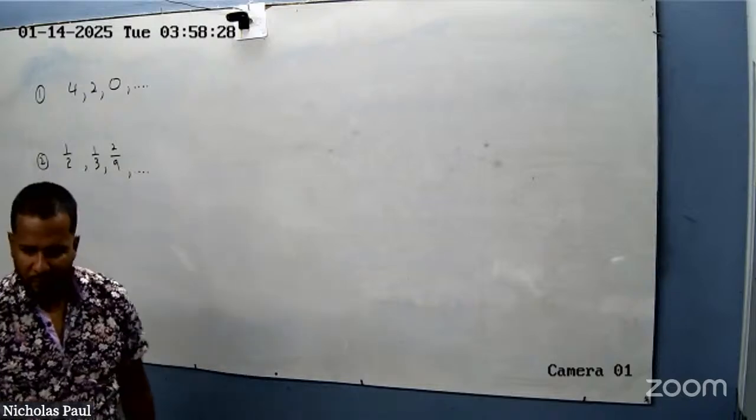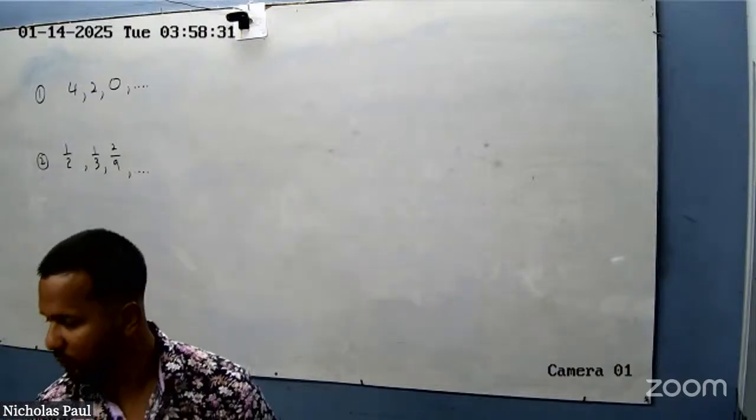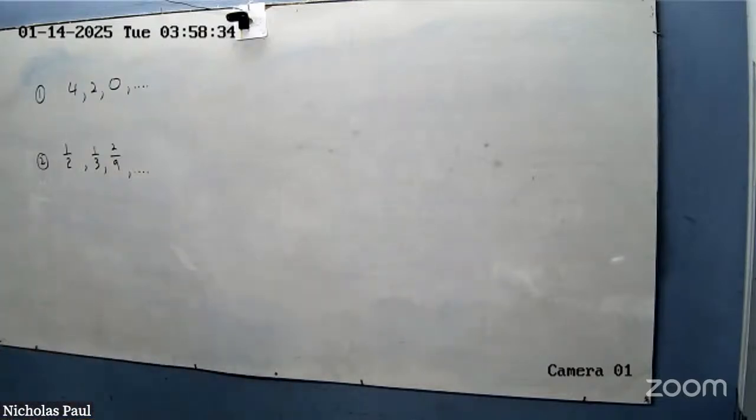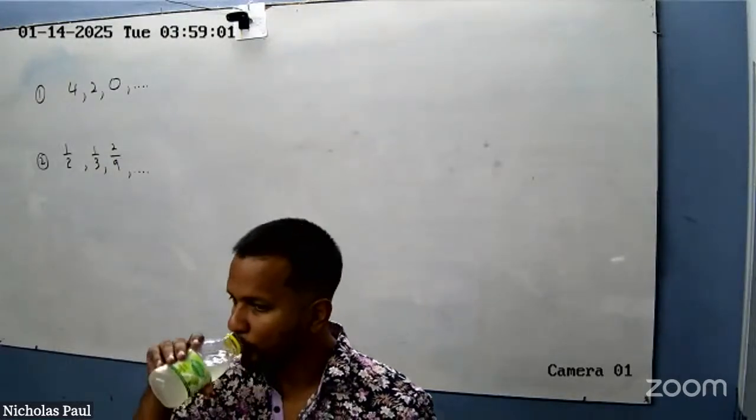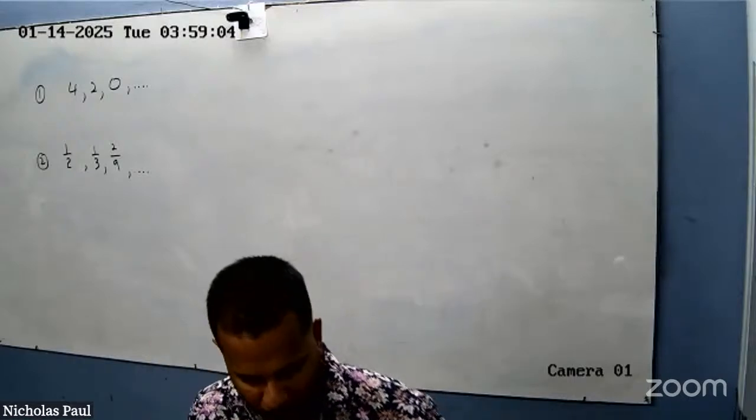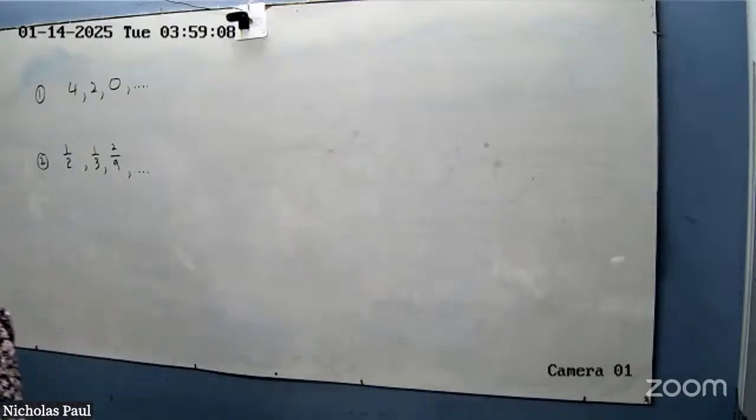If you think it's an AP, write down A and D. If you think it's a GP, write down A and R. Both of them identify as AP or GP.